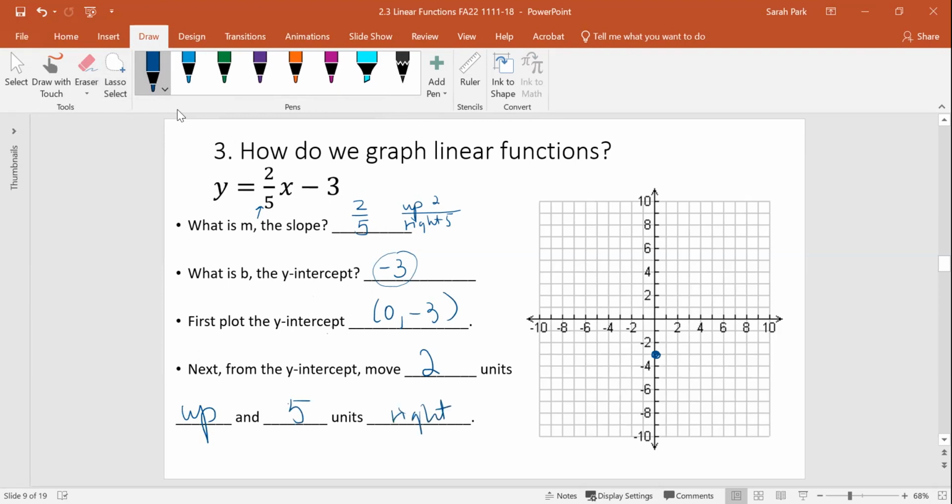So we go up 2 over 5: 1, 2, 3, 4, 5. You can make another point up 2 over 5, but you really only need 2 points to make a graph of a linear function. So there's our graph, y equals 2 over 5 x minus 3. Let's do another one.